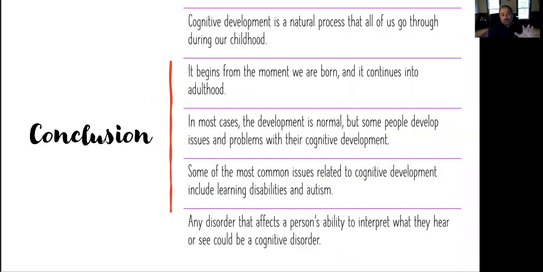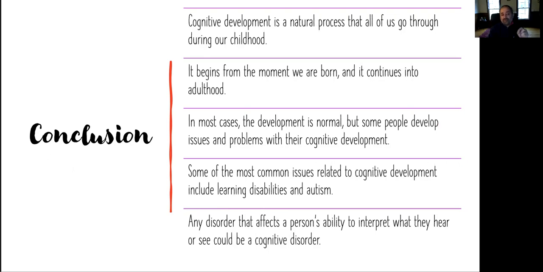Now, in conclusion, what we have done today is we went through cognitive development. We learned that it's a natural process that all of us go through during our childhood. It begins from the moment we're born and it continues into adulthood.